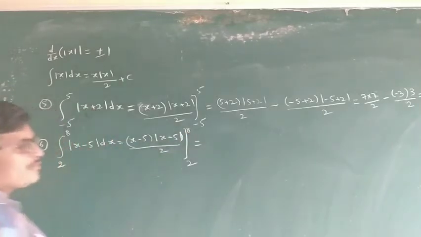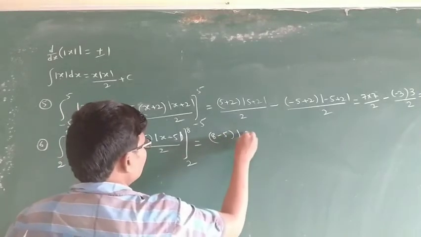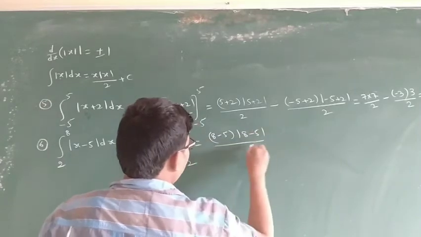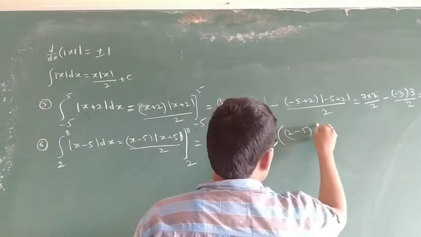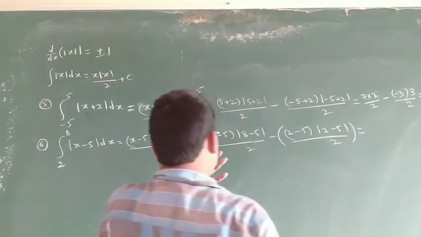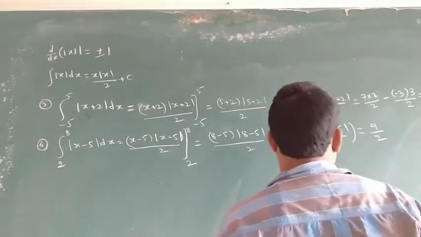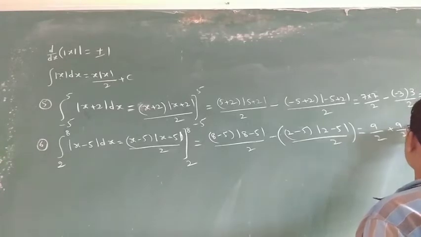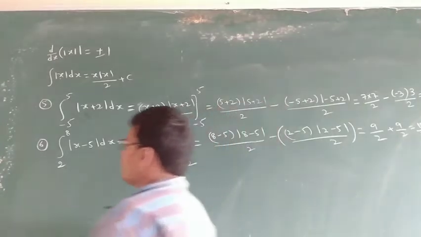First apply the upper limit: 8 minus 5 into mod of 8 minus 5 by 2, minus 2 minus 5 into mod of 2 minus 5 by 2. That is equal to 9 by 2 plus 9 by 2, which is 18 by 2, that is 9.